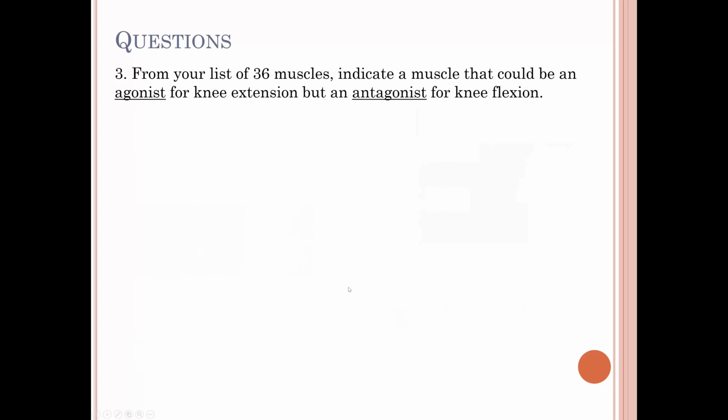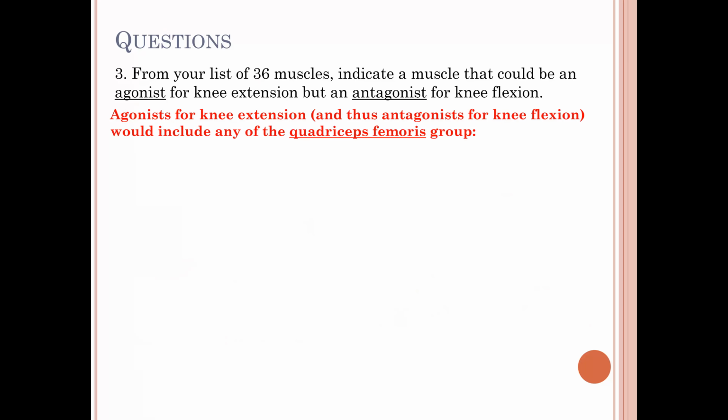Number 3, from your list of 36 muscles, indicate a muscle that could be an agonist for knee extension, but an antagonist for knee flexion. So the agonist for knee extension, and thus the antagonist for knee flexion, would include any of the quadriceps femoris group.